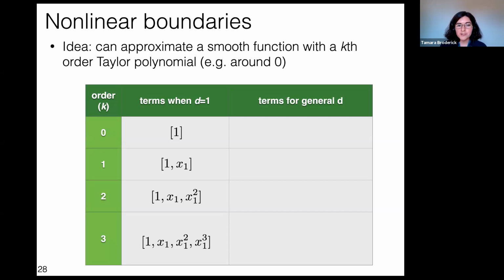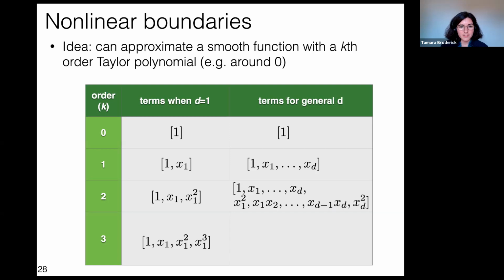Now, there's a version of all this that exists in higher dimensions. The 0th order is just the same, a constant. If I did a first order Taylor expansion in d dimensions, I'm going to pick up x1 up to xd terms. If I'm looking at second order, I'm going to get all of the quadratic terms, x1 times x2, x2 times x3, x1 squared, xd squared, all of that.